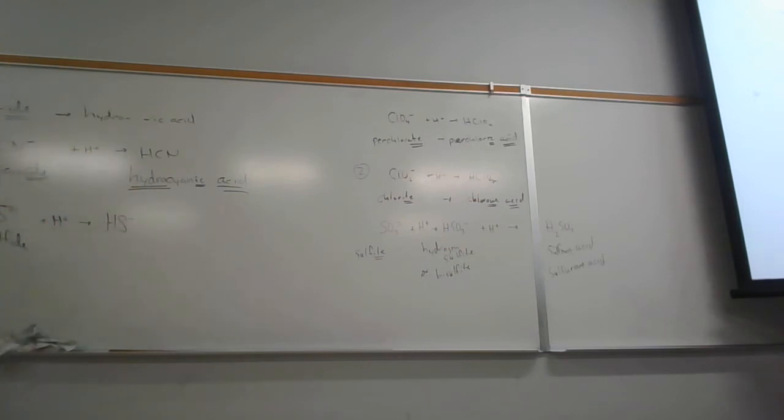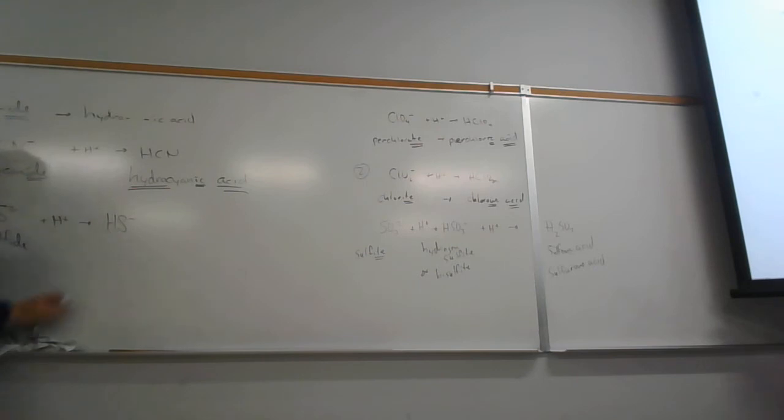What do you call HS minus? Is that an acid or acid anion? That's an acid anion. It begins with an H and it has a charge. Acids don't have a charge, right? At least at this level, they don't have a charge. Later on, we'll broaden the definition of the acid. It's just getting the nomenclature down first.